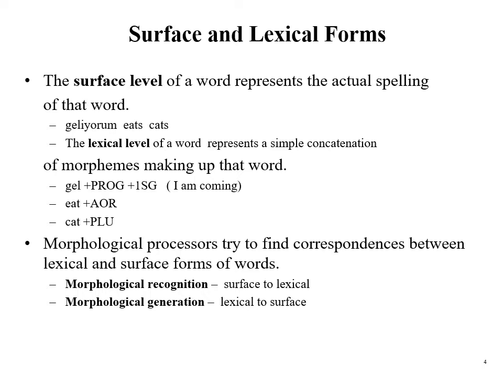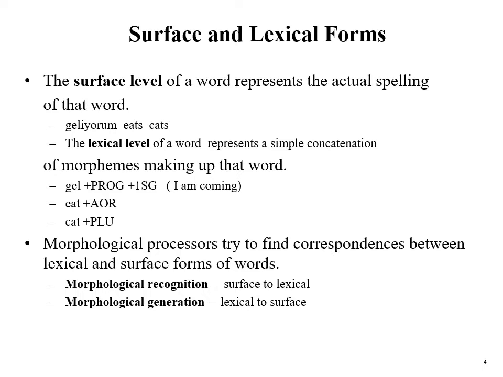The lexical level of a word represents a simple concatenation of morphemes making up that word. So when we want to convert it into the lexical level, you can represent the word Geliyorum like this.